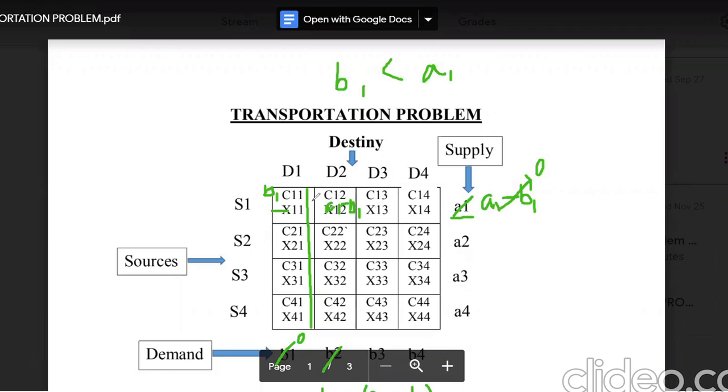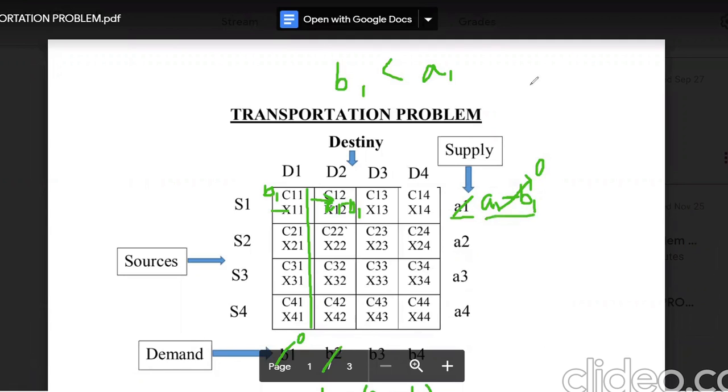Now, next move to the second cell. Here in this cell we'll check again. In this column, what is the demand? B2, and then you check B2 and A1 minus B1.